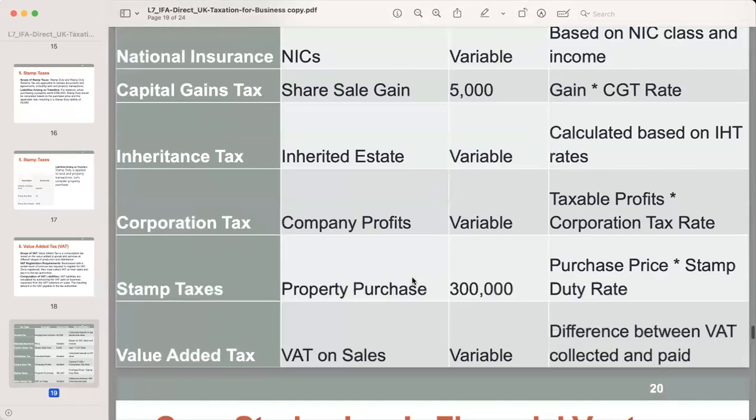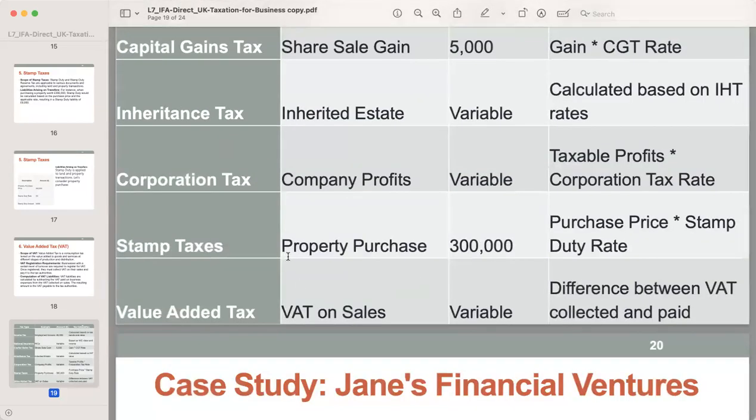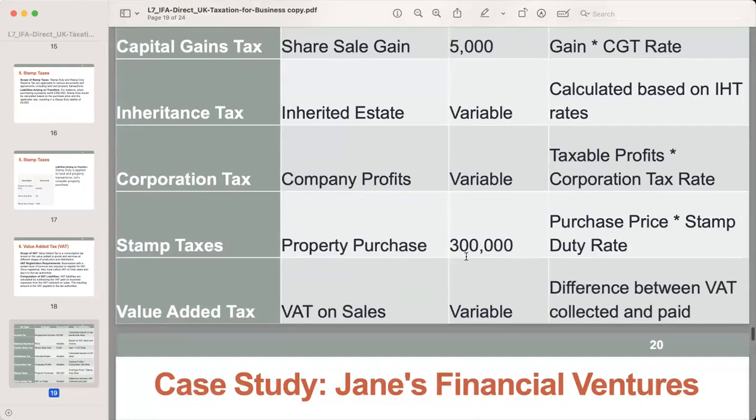Then stamp duty, property taxes: when you purchase property, let's say an amount of 300,000 pounds, that will be 3%, purchase price times stamp duty rate. VAT is very common in the UK, so I hope that everybody knows very well about value added tax, or VAT: on sale, variable, the difference between VAT collected and paid.